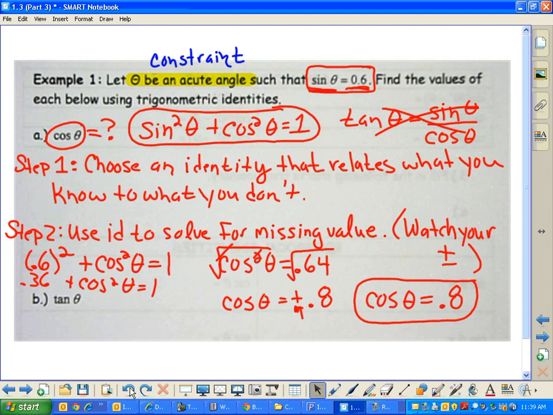Okay, so part B. We're going to repeat our steps. I have to find an identity that relates what I know to what I don't. Because it's part B, I know two things. I know sine and I know cosine for whatever this angle is, and I need to find tangent.